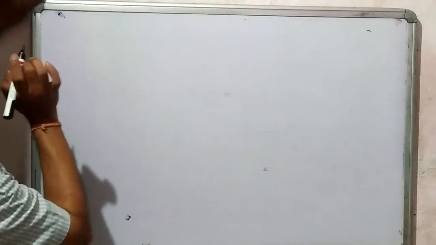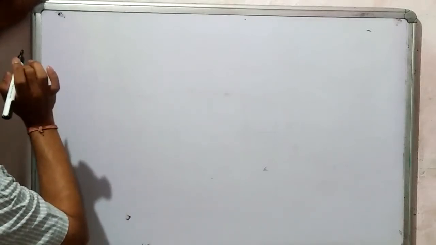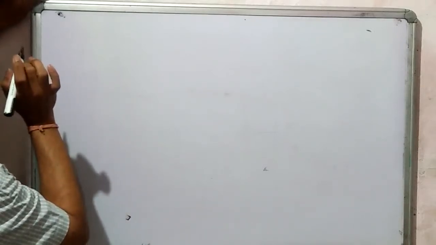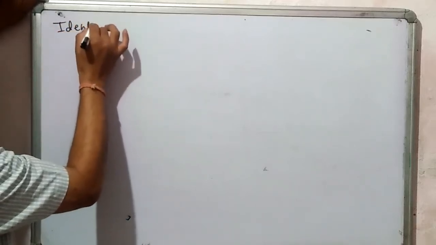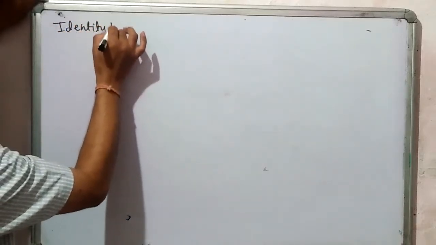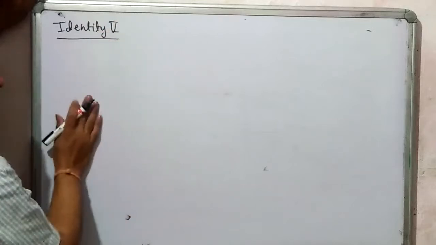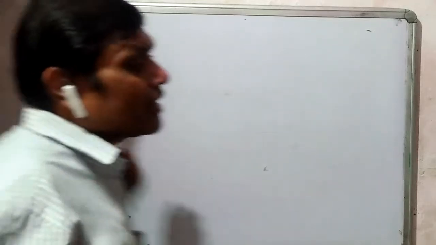The next example, dear students, is okay. Now we have identity number 5. Based on these 4 identities, we have done certain examples. Now we have one more identity. Let us see how it has come.